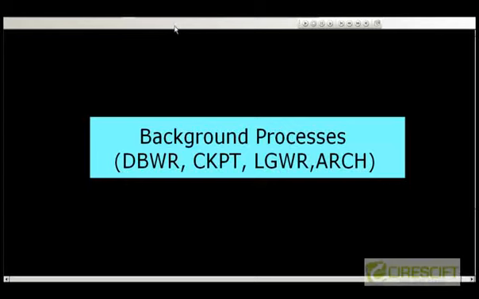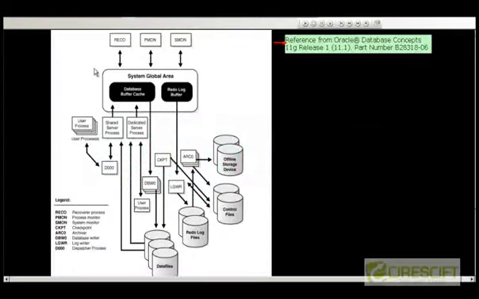In this tutorial, we are going to discuss four different background processes. From our last video, we discussed that the database we are running right now is configured with all these different processes, and we have already discussed the system processes like recoverer, PMON, SMON.